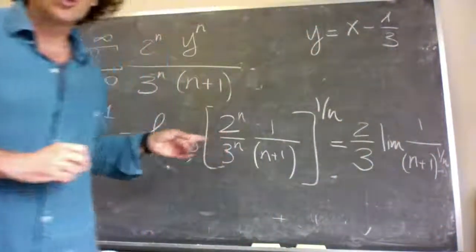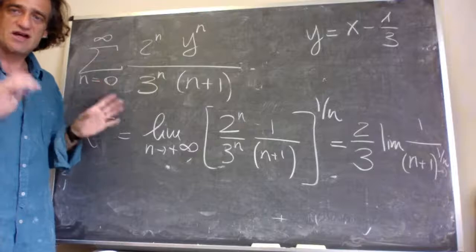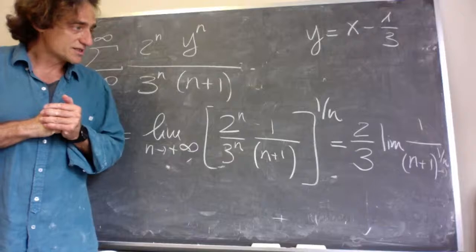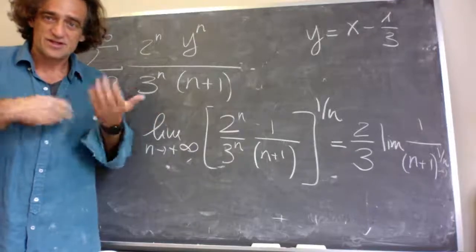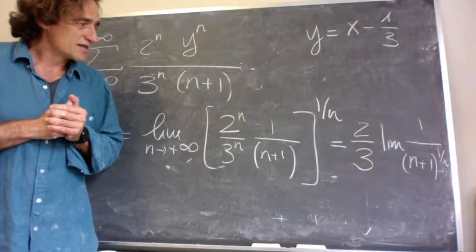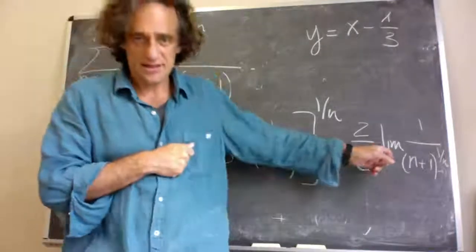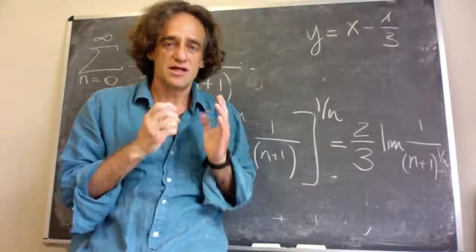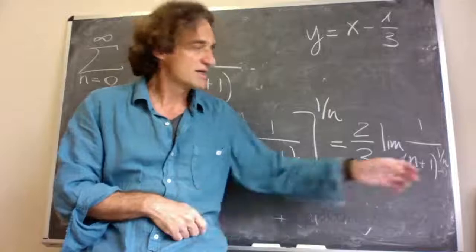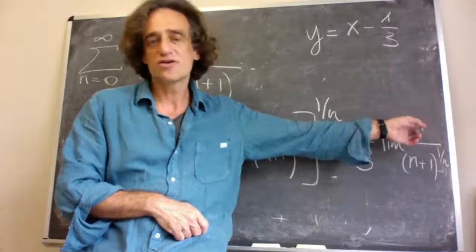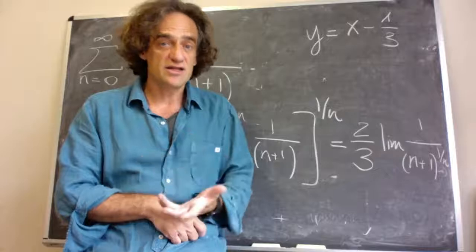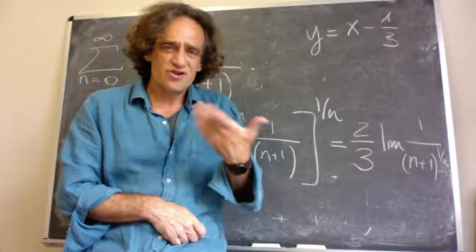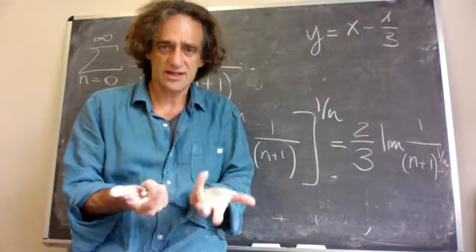So remember what I told you at the very first lecture of this series of videos. When you have a polynomial in n here, the limit of the polynomial to the power 1 over n is always 1, regardless of the fact that the polynomial is a numerator or a denominator, and regardless of the degree of the polynomial. The power 1 over n is insensitive to these details of the polynomial.